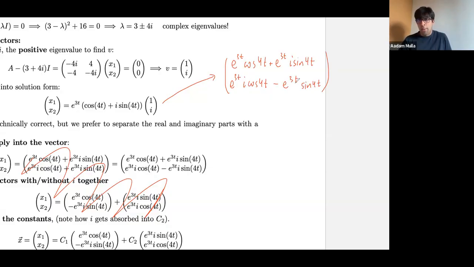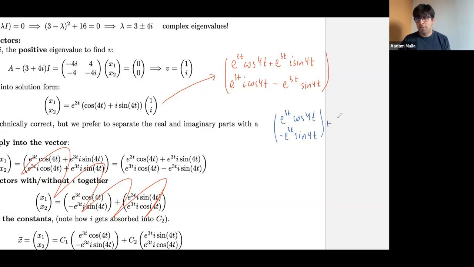So pretty much, I can rewrite this whole thing as the real terms. The real terms are going to be e to the 3t cosine of 4t. That's the real term from the top. The real term from the bottom is going to be negative e to the 3t sine of 4t.